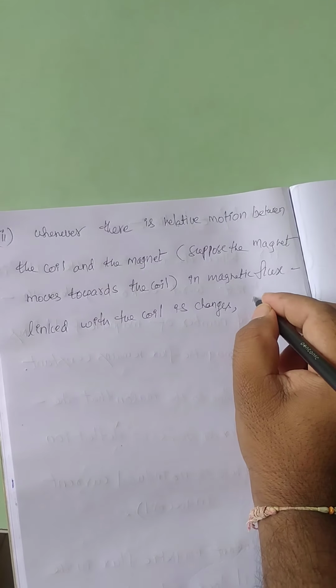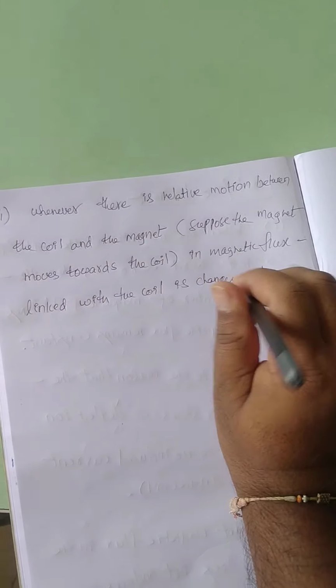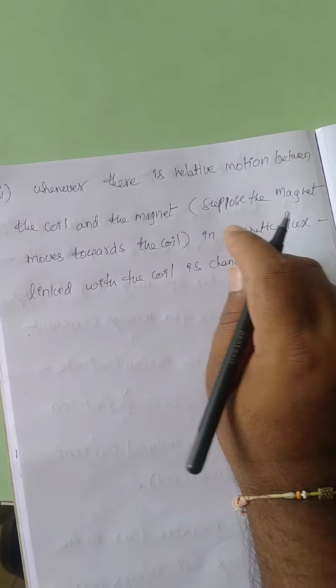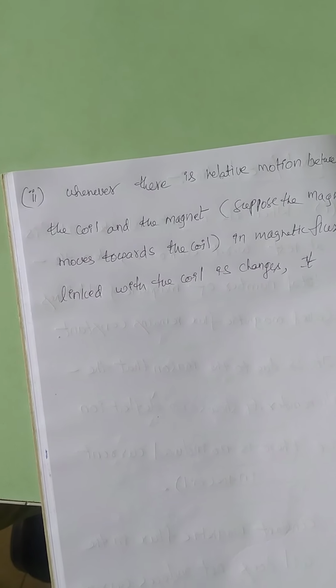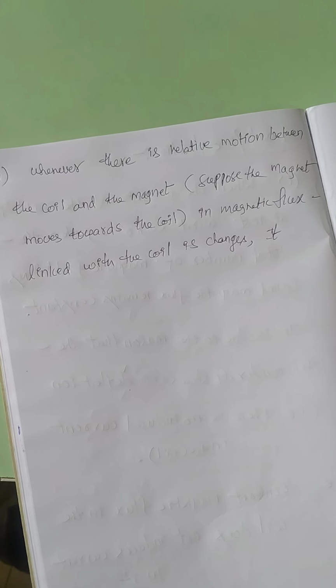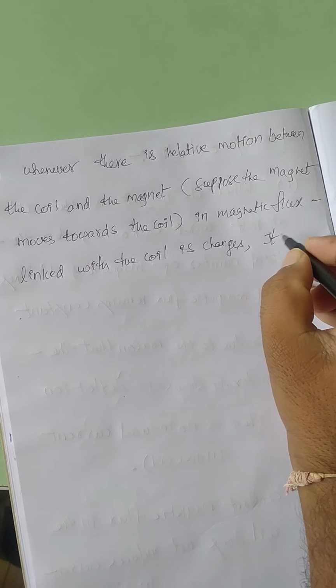Now, will there be a deflection or not? Compulsory it will be a deflection. Why? Because the magnet moves towards the coil, there is a relative motion between the magnet and the coil. Compulsory it shows deflection. If there is a deflection, there is an induced current in the coil.